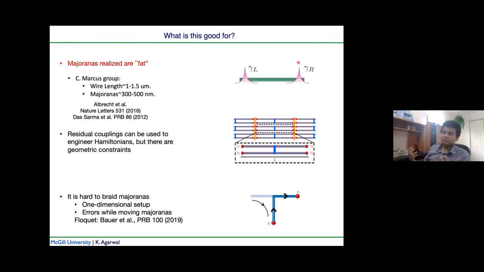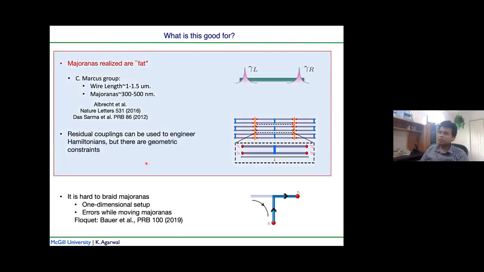And so you'd like to ask if there are ways of removing or at least reducing some of these geometric constraints. And lastly, of course, one of the challenges is, if we do realize all of this, how are we going to end up braiding Majoranas? And so, of course, there are many thoughts, and in fact, Floquet has also been applied to this question. So I'm not going to go too much into this. I'm going to focus on these two particular areas and ask if these dynamical decoupling schemes I just discussed can improve the situation for these kinds of problems.